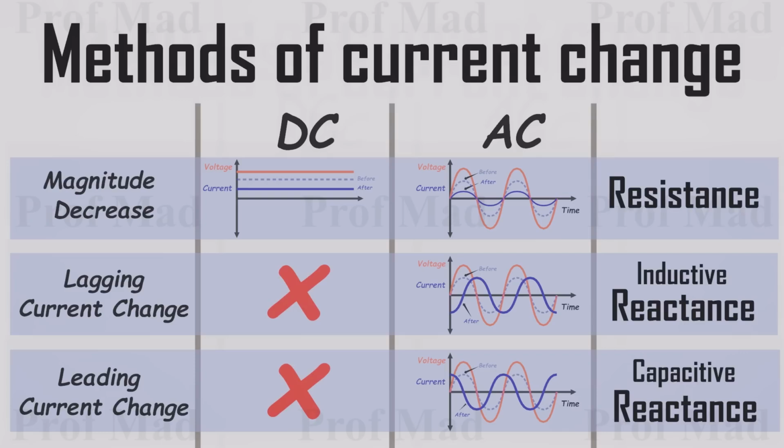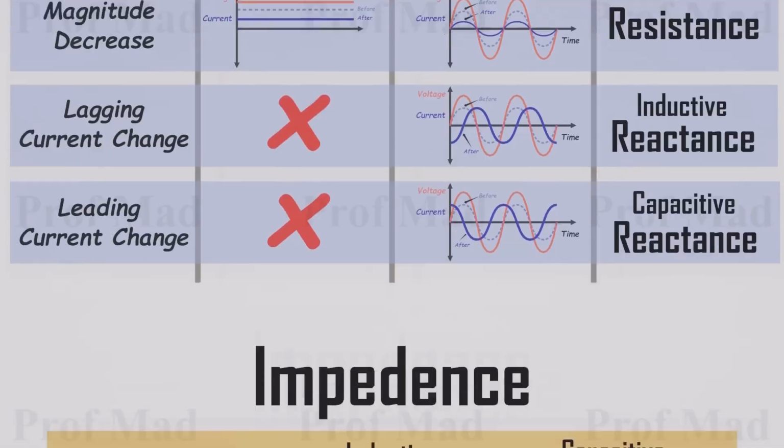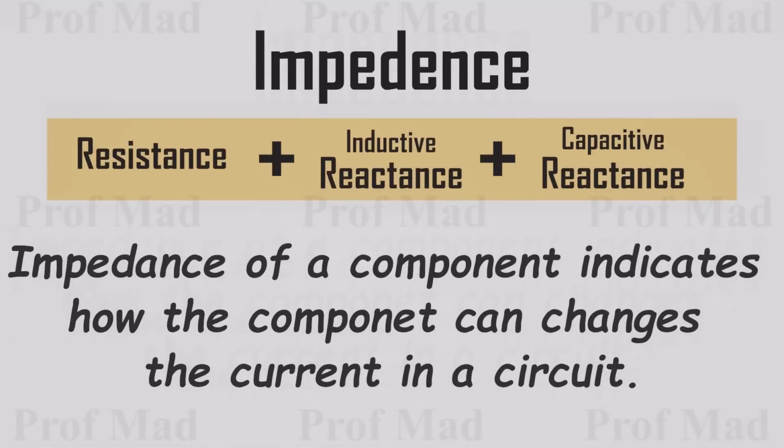Inductive reactance causes the current in a circuit to lag behind the voltage, and it's exclusively observable in AC circuits. Conversely, capacitive reactance makes the current lead the voltage, and it too can only be observed in AC circuits. The cumulative effect of these factors is referred to as impedance. In simple terms, impedance of a component signifies how it modifies the current within a circuit.